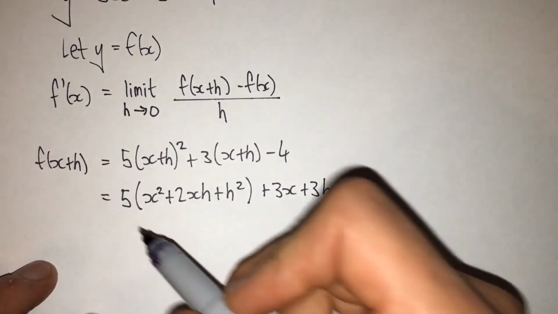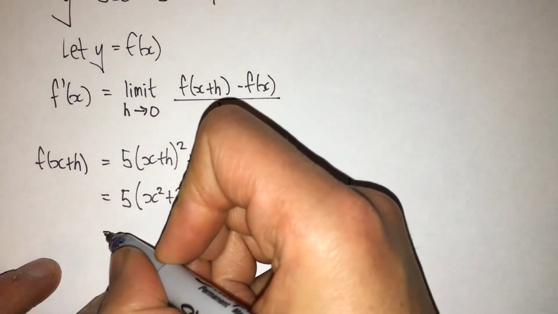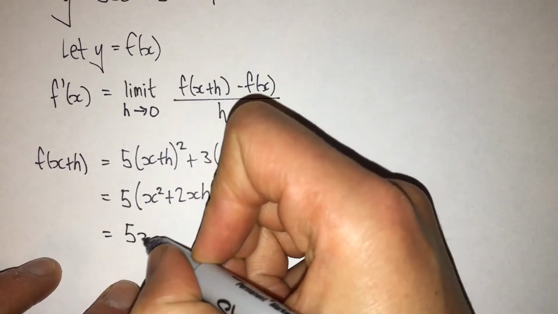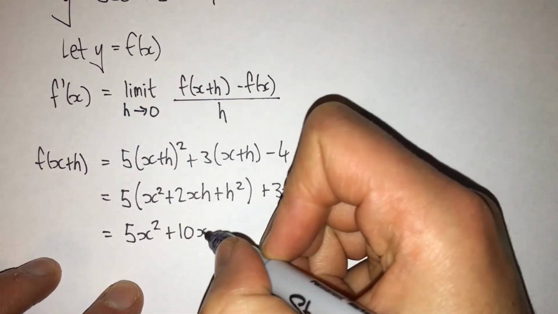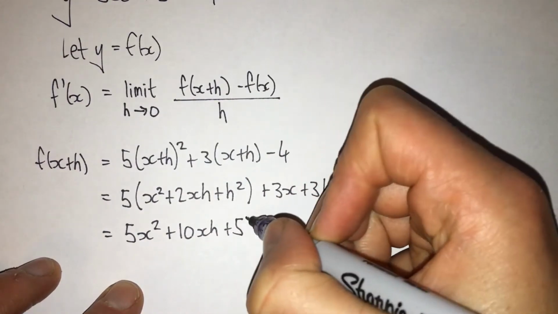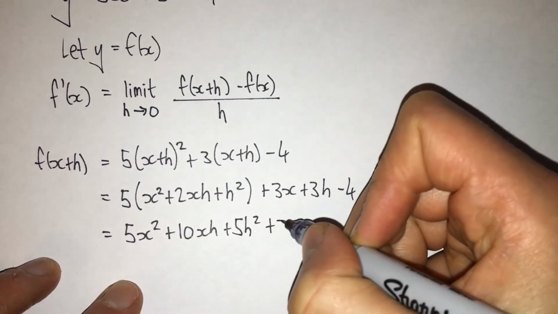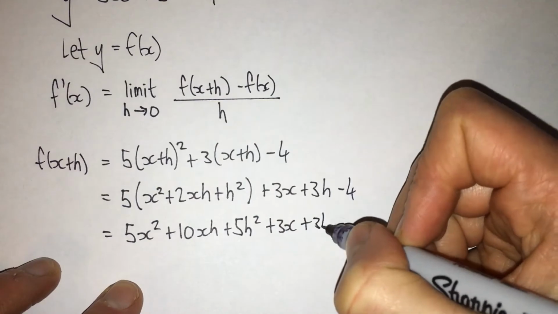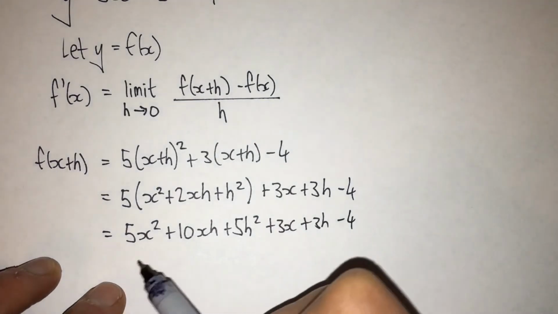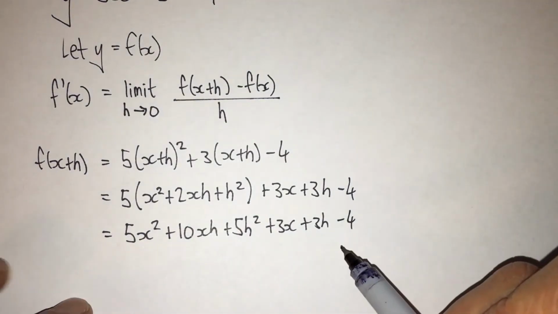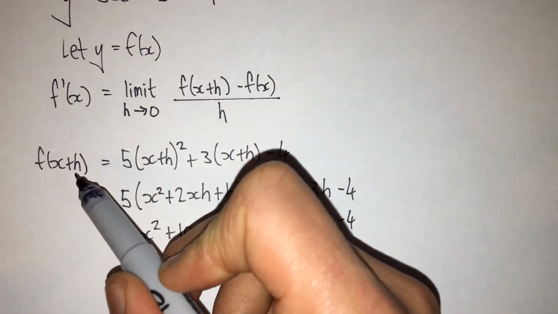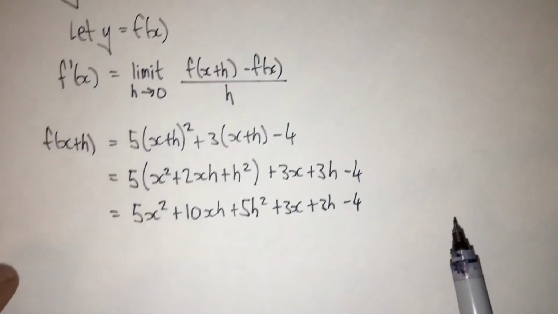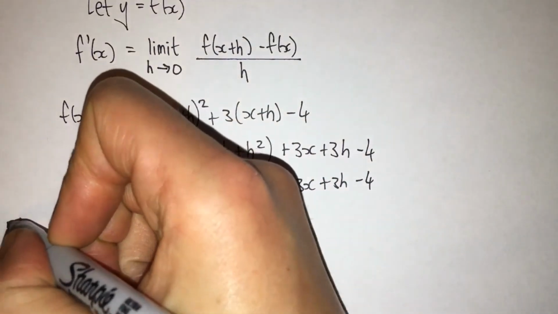And to finish up, I'm going to expand this by multiplying each term by 5. 5x squared plus 10xh plus 5h squared plus 3x plus 3h minus 4. I can't simplify that anymore at the moment, so I'm going to now substitute this f of x plus h into this up here.